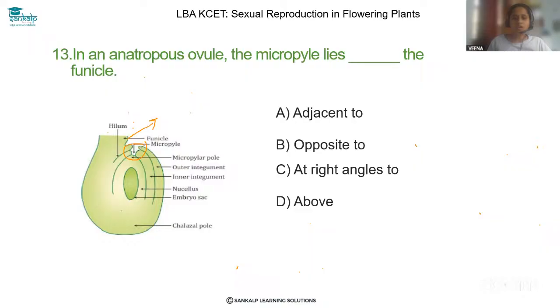So it is present next to the funicle, next to the micropyle. So here the correct answer is option A, adjacent. So next means adjacent to the funicle.